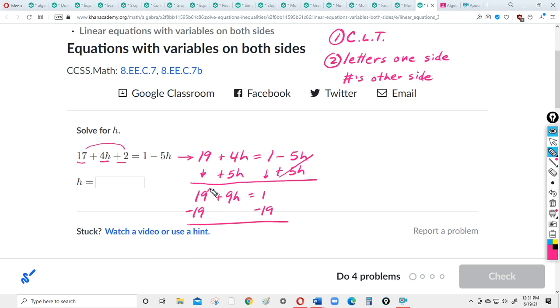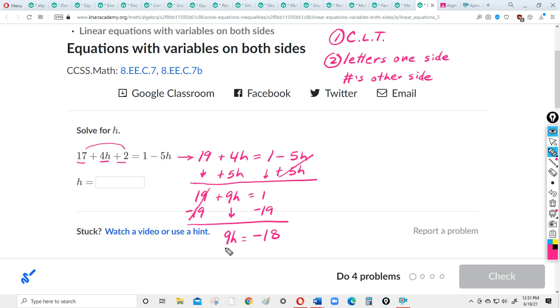It cancels right here. 19 minus 19 is just 0. You bring down the 9h. You bring down the equal sign. And 1 minus 19 is negative 18. Use your calculator if you can't do it in your head. And then solving for h, this is the same as 9 times h, or h times 9.